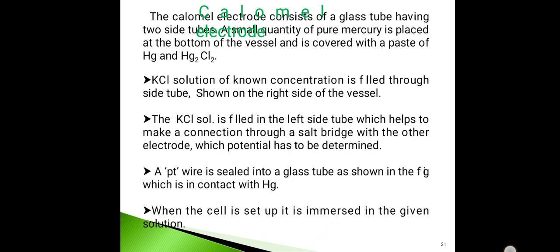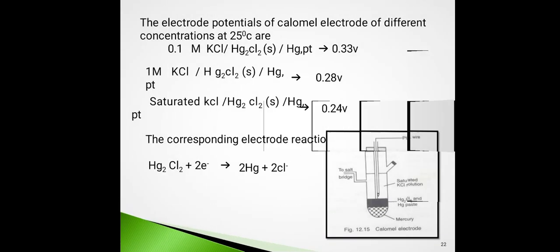It is covered with a paste of mercurous chloride, that is Hg2Cl2 and Hg, and above it there is a potassium chloride solution of known concentration, which is filled through the side tube. You see that in the diagram, as shown on the right-hand side of the vessel.